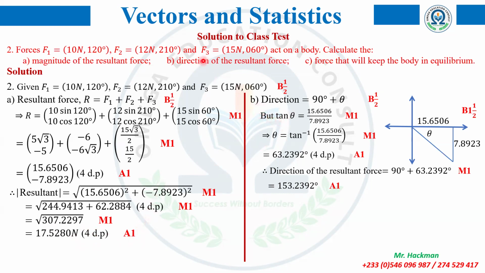B, what are we supposed to find? The direction. And you cannot get the direction, which is the same as the bearing, without drawing in this situation. So once you know the resultant in the column form, you should know the quadrant that your resultant force is in. If you look at this, the x component is positive, the y component is negative.